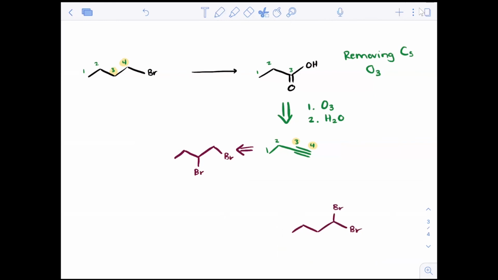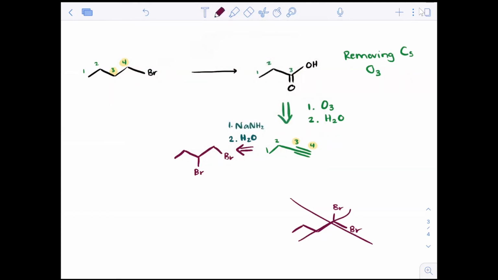And the reason for that is the only way that we really made them was with a triple bond. Well, we know we don't start with a triple bond, but we do know that we could do this reaction to make that terminal alkyne by doing a double elimination. Because it's a terminal alkyne, we do need a water workup afterwards so that we can put that terminal proton right back on.